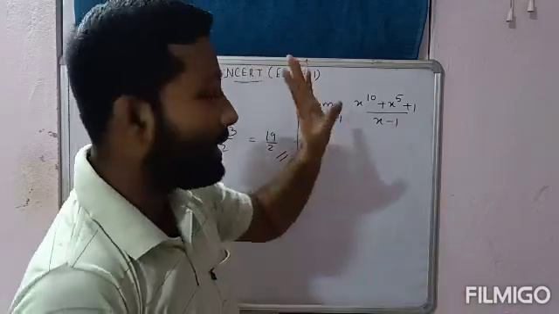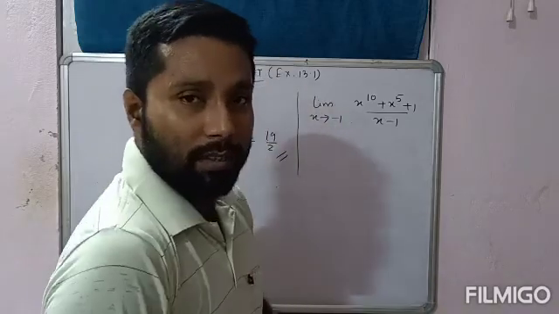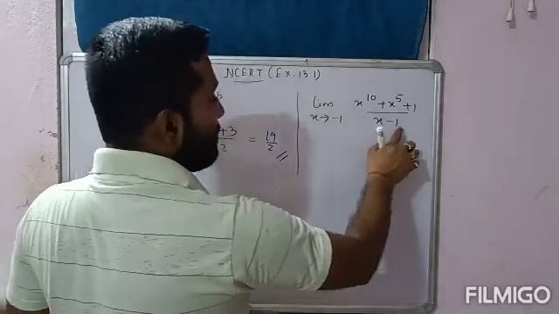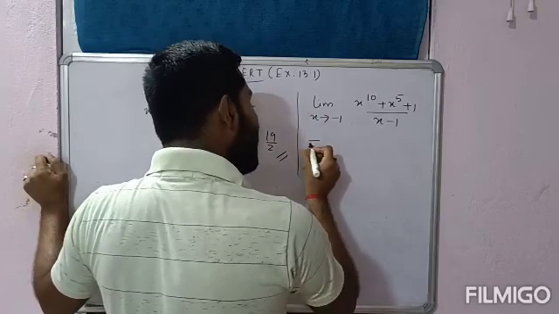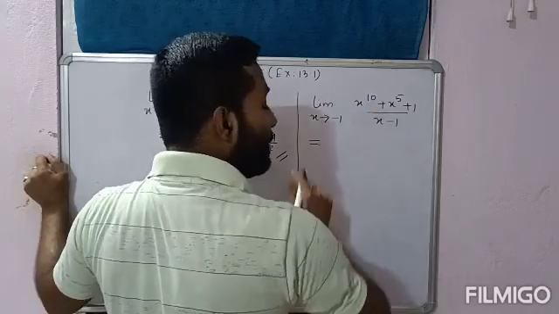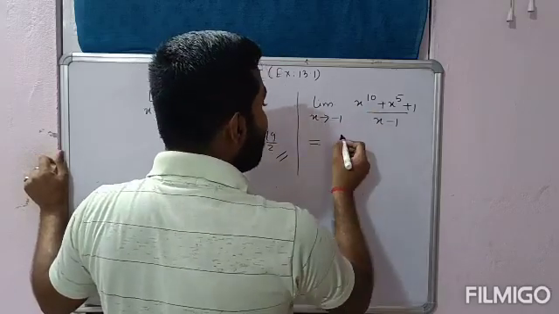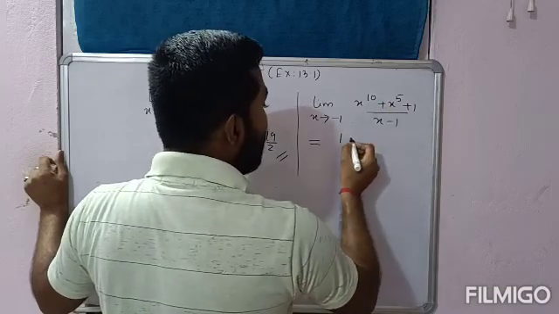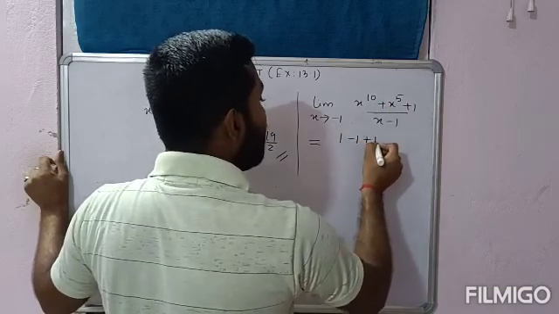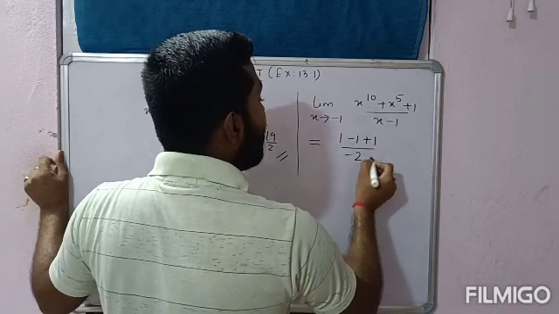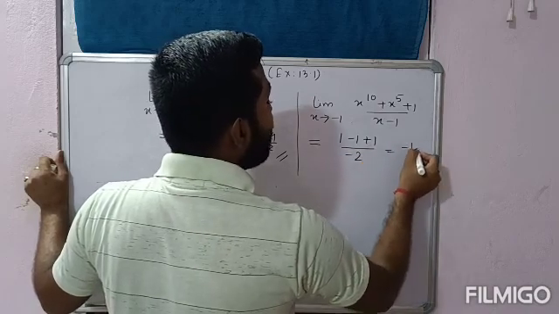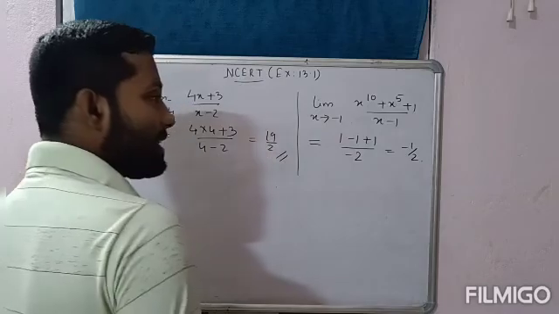But लेकिन यहाँ पे minus 1 दिया गया है, so there is no problem, because with minus 1 we will get minus 2. So it is confirmed that we can directly put the value of x here. So minus 1 to the power 10 is 1, minus 1 to the power 5 is minus 1, plus 1, divided by minus 2. So this is equal to minus half, which is the required answer.